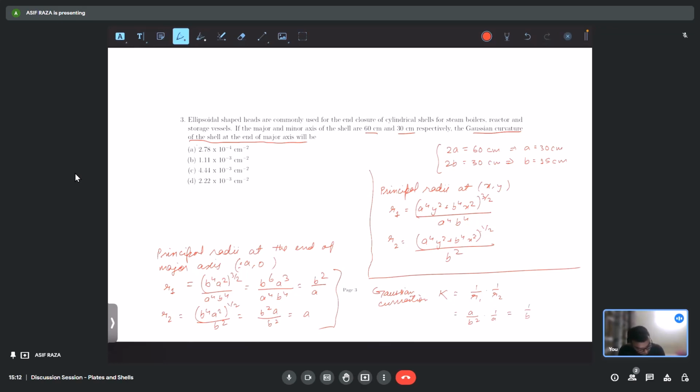So 1 by b square, and this gives me 1 upon 15 square. So this would be 44.44 into 10 to the minus 4 per square centimeter.